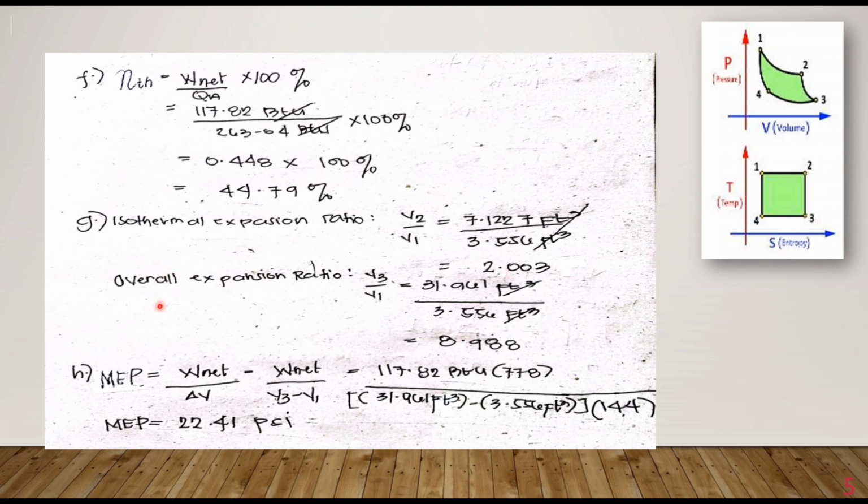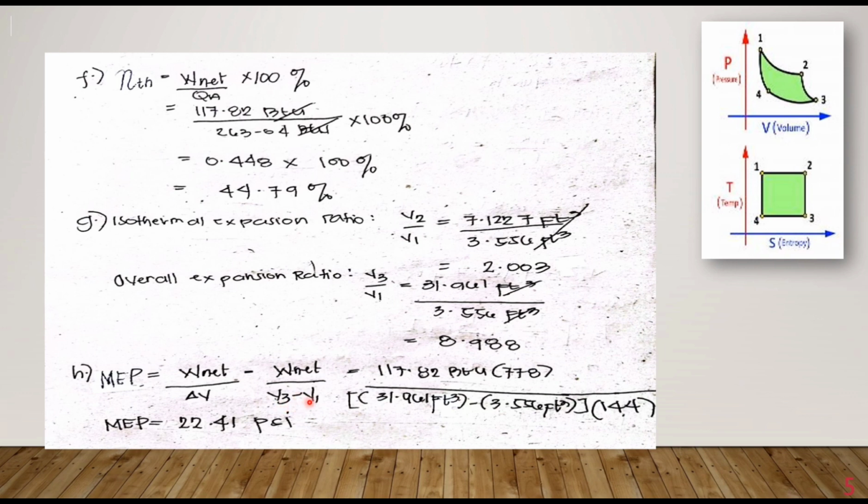And for our overall expansion ratio, we have V3 over V1. So our V3 is equal to 31.961 cubic feet over 3.556 cubic feet. So our overall expansion ratio is equal to 8.988. So for our H, MEP is equal to W net over change in volume, which is W net over V3 minus V1.